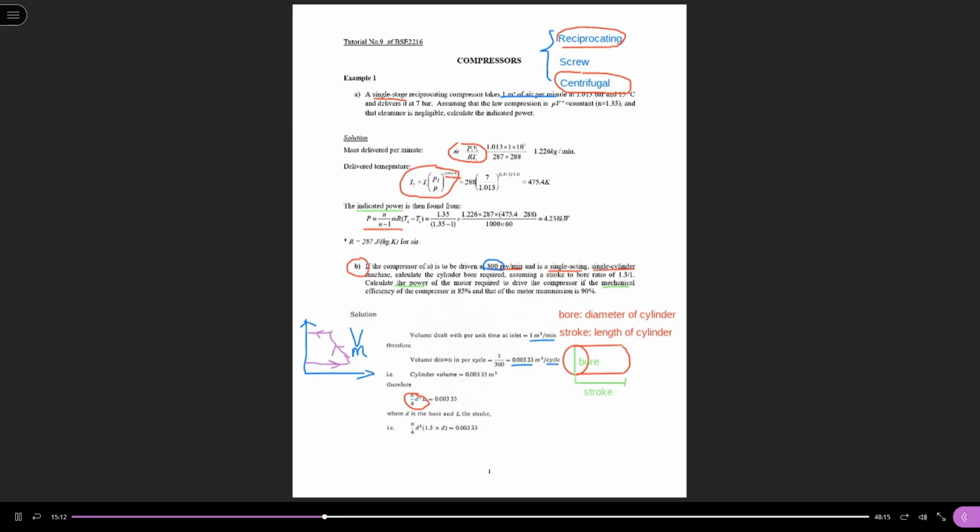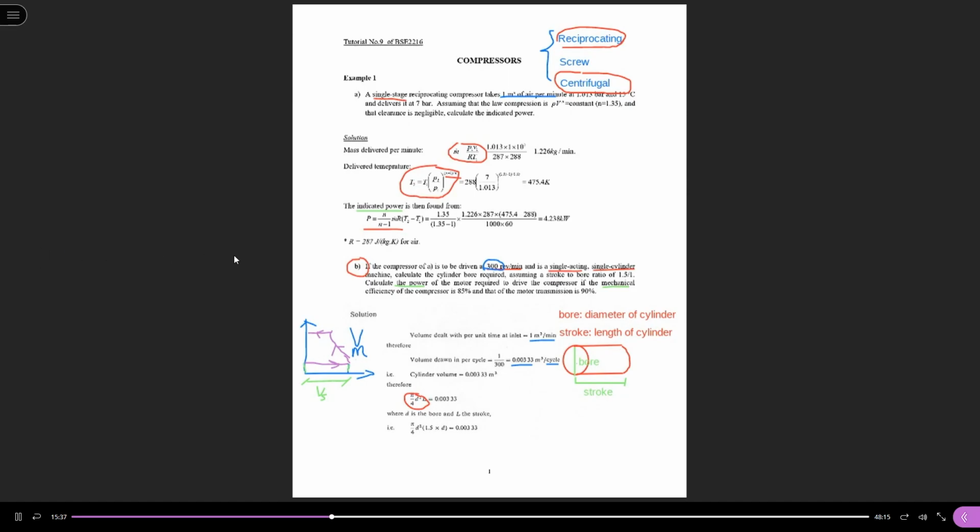This is the volume, the swept volume. We can consider it is also the swept volume.